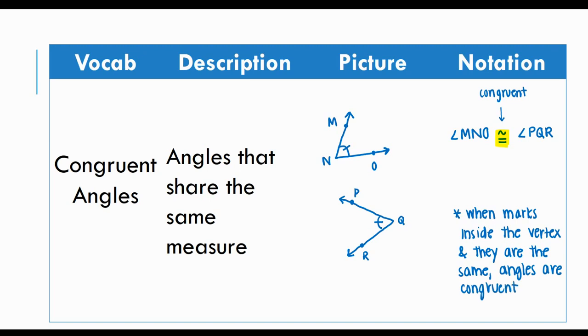Because they both have that little mark inside with that line going through that mark, that means they have the same mark, and so those angles are the same measure.